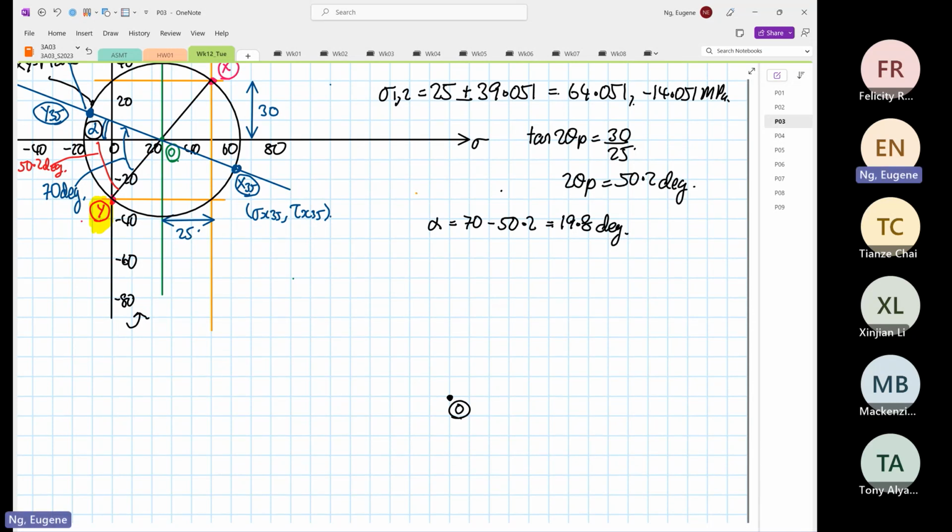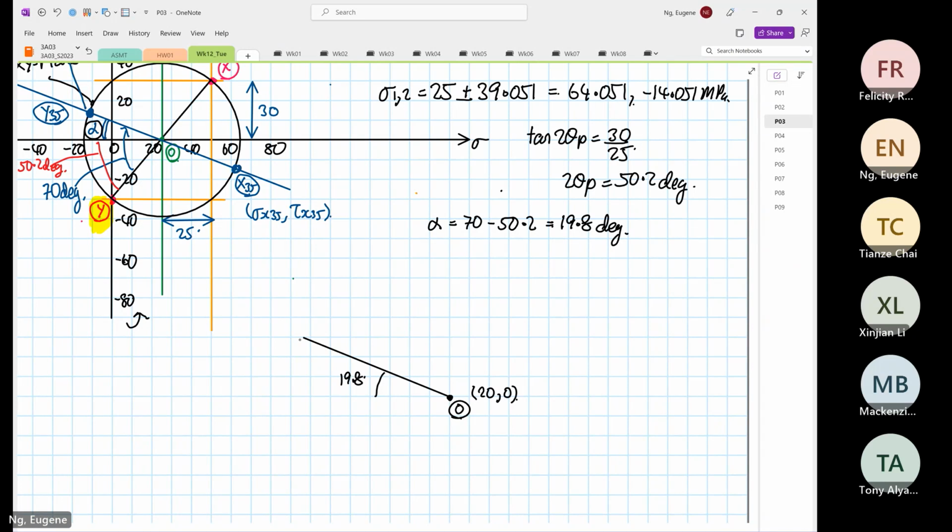And then we have found that there's an angle of 19.8 degrees. Okay, so this is our angle, which is 19.8. On point O, we know that the normal stress is 20 and the shear stress is 0.